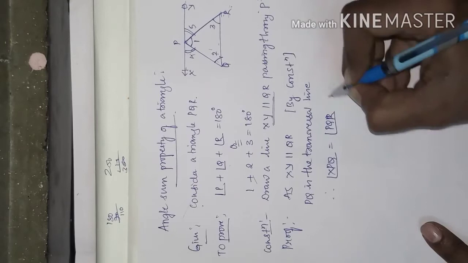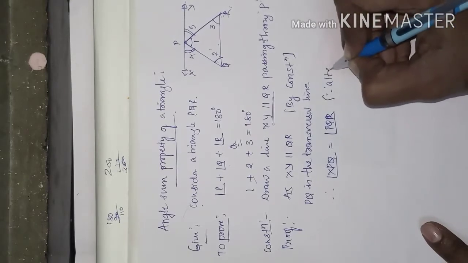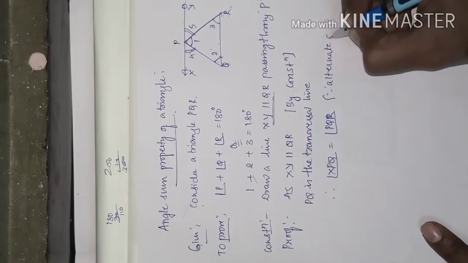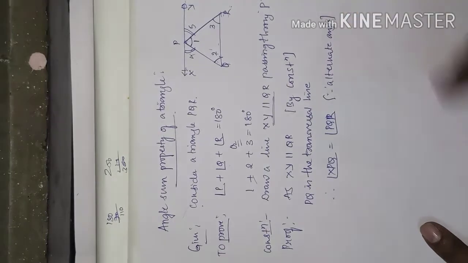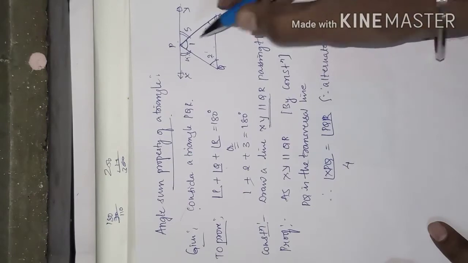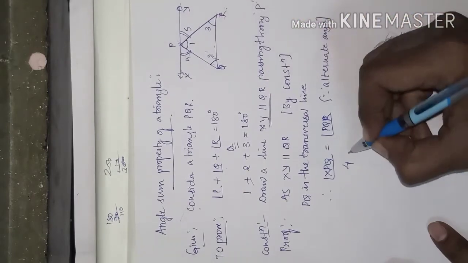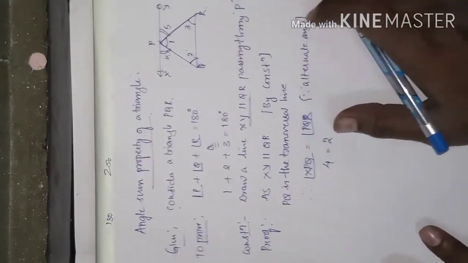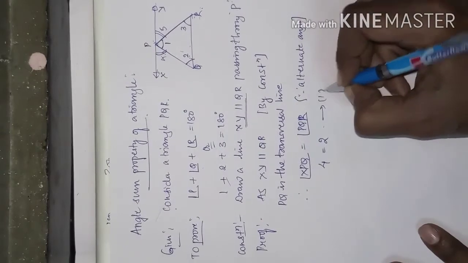They are equal because of alternate angles. XPQ is represented by angle 4 and PQR is represented by angle 2. I will write this as equation 1 here.